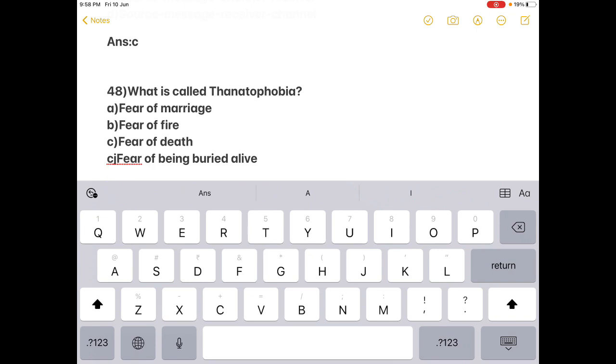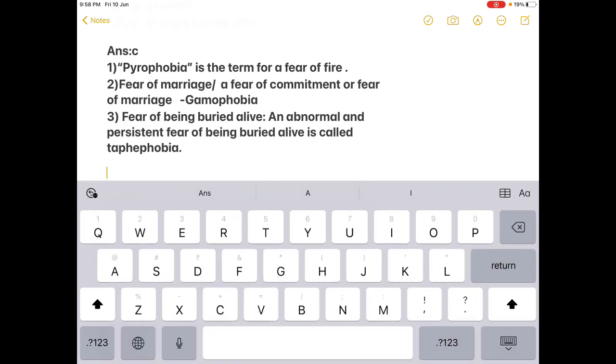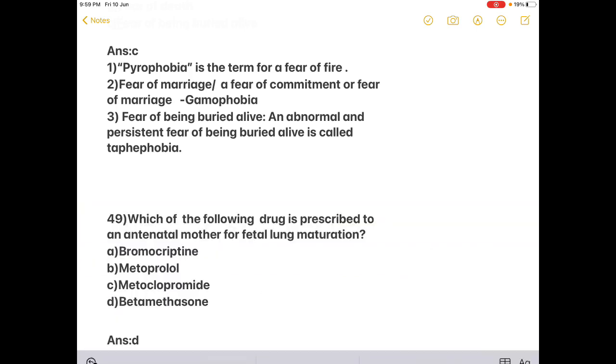Thanatophobia is fear of death. Pyrophobia is a term for fear of fire. Fear of marriage or fear of commitment is known as gamophobia, whereas fear of being buried alive is called taphiphobia. Taphiphobia is a persistent fear of being buried alive.